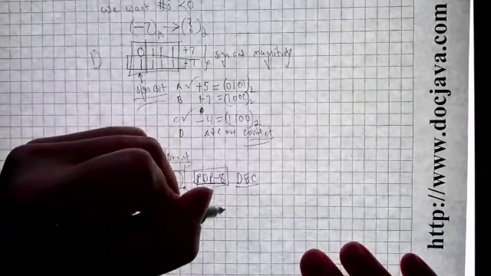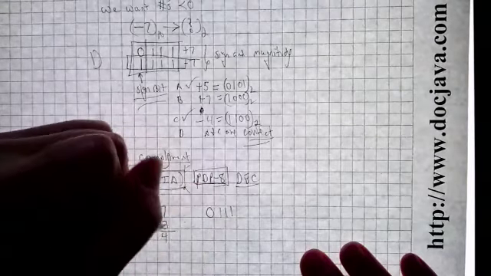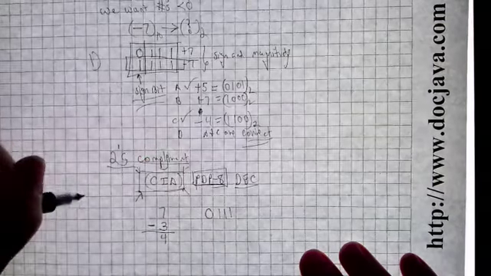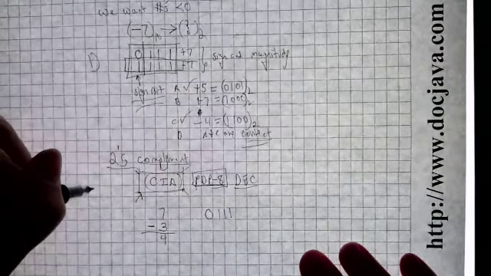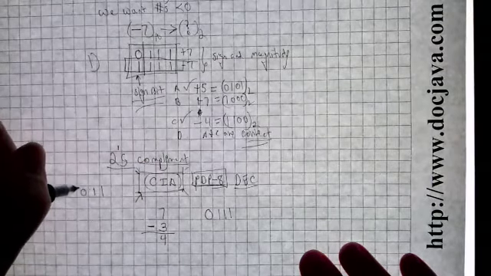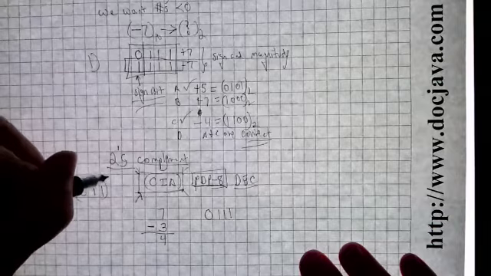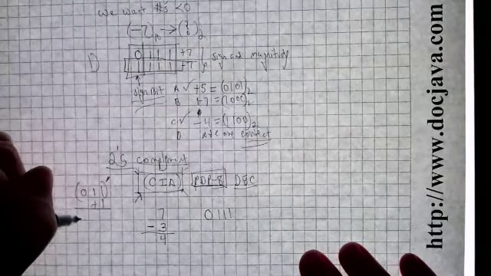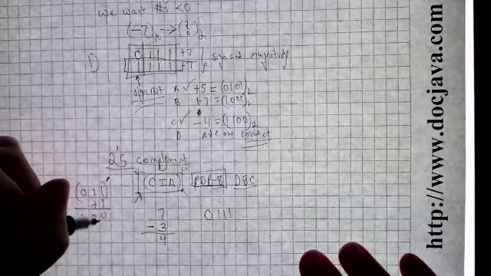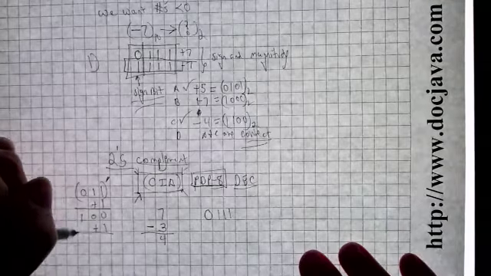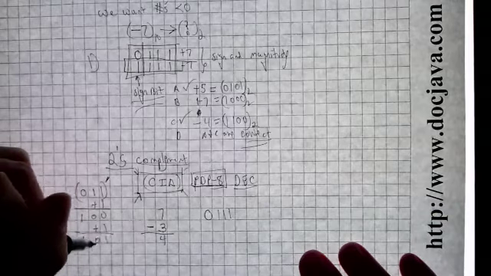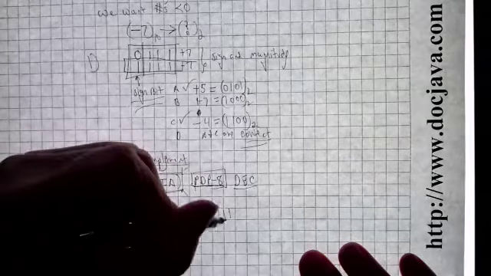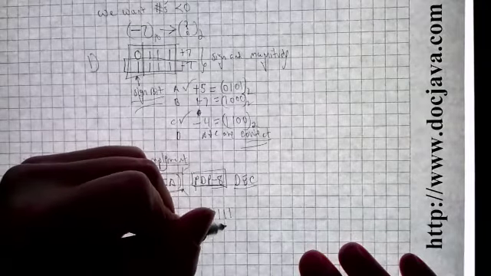0, 1, 1, 1. How do we do minus 3? Well, we take 0, 1, 1. That's plus 3. We complement it, and then we add 1. So if you complement it, you get 1, 0, 0. Then add 1, and you get 1, 0, 1.